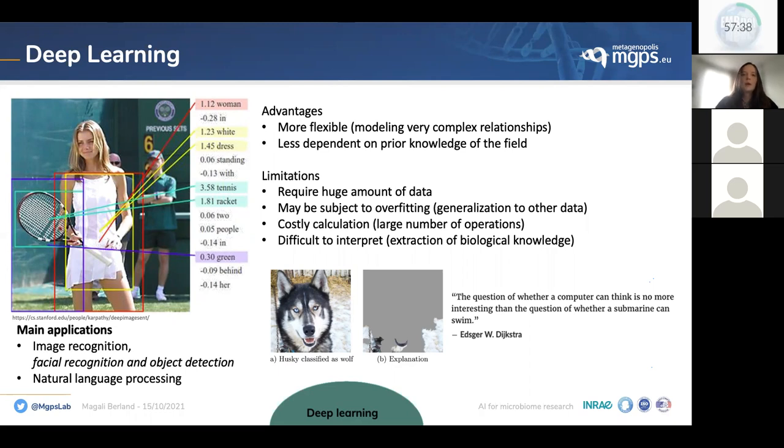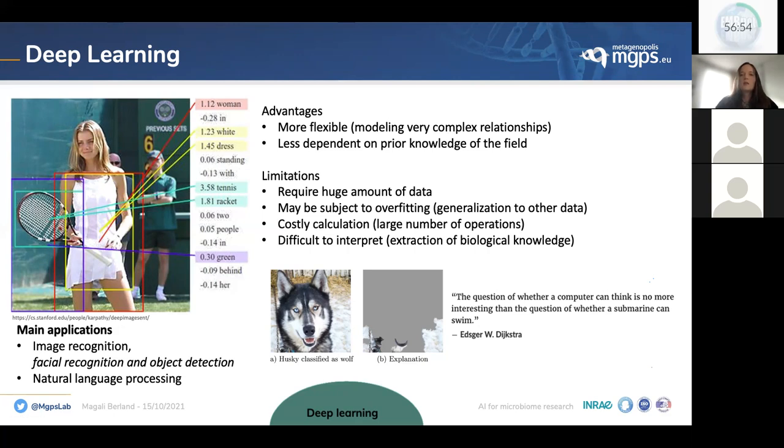So people wanted to know why the algorithm decided that the husky is a wolf. So they asked the algorithm which pixels it used in its process to take this decision. And the experiment gave a surprising result, because the pixels used to take the decision were actually background pixels. The algorithm did not take into account the face of the animal. It just took into account the white pixels, because white is snow, and in the training data set, usually wolves were on a snow background.